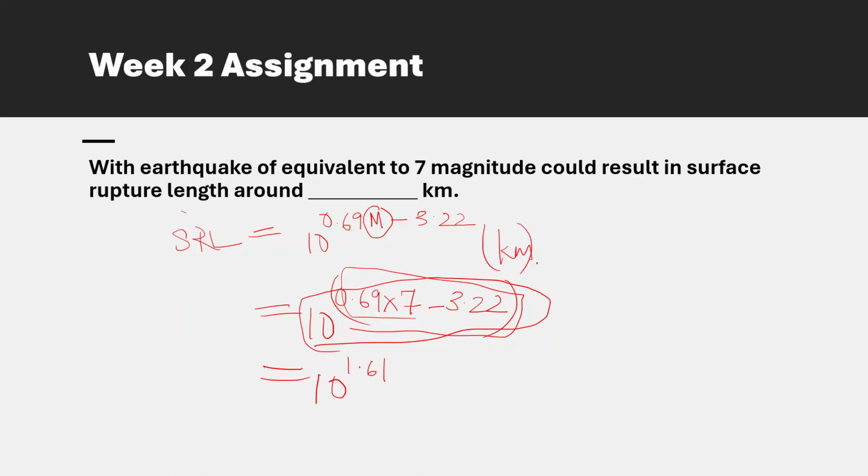So 10 to the power 1.61 is giving you the answer of 40.73. So approximately, let's say 41.